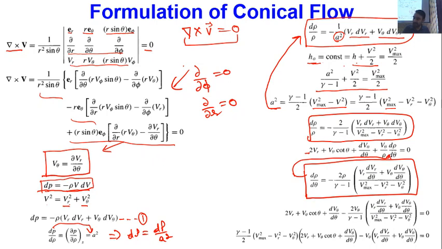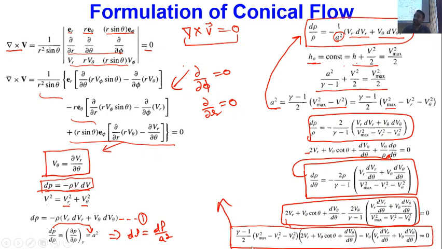If I substitute it back, then my continuity equation takes this particular form. This is nothing but my continuity equation after I have substituted d rho by d theta. Is this point clear? And if you further expand this, you will get your continuity equation something like this.